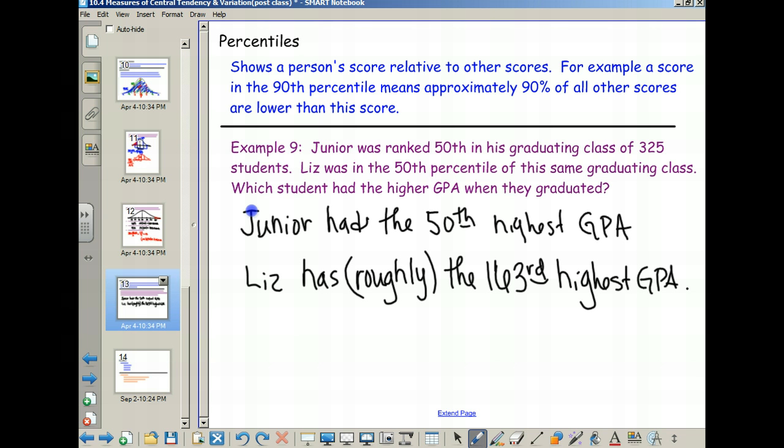Who's a better student? When it says she's in the 50th percentile, it means she is the 50th person. She is the median value.